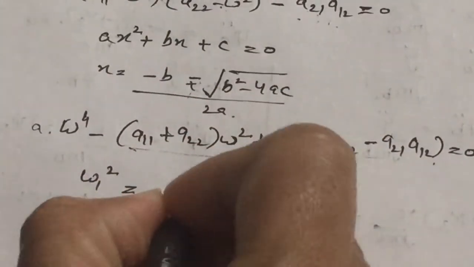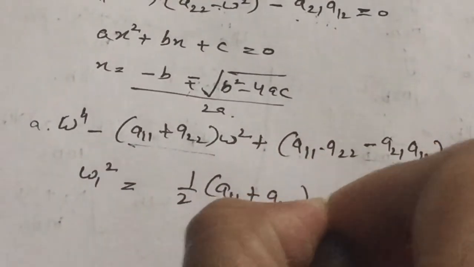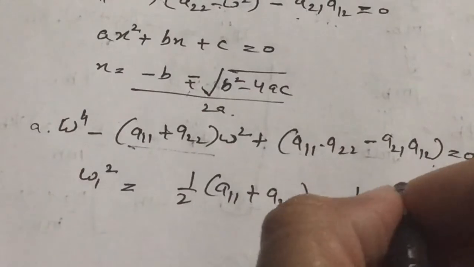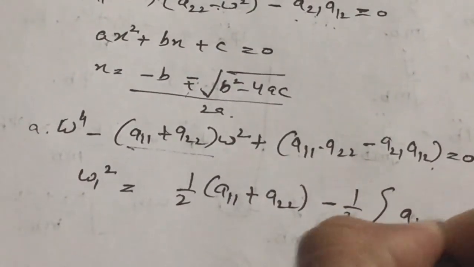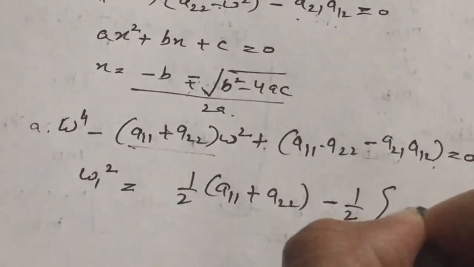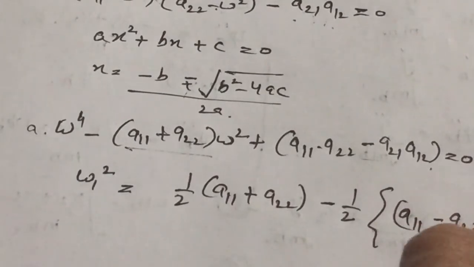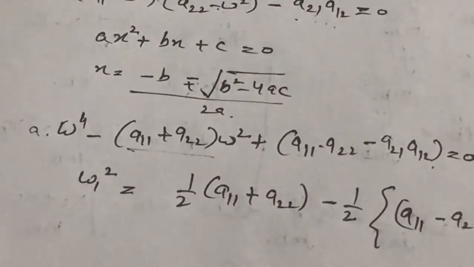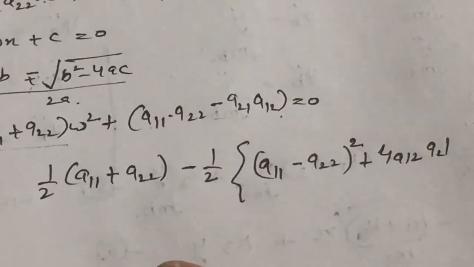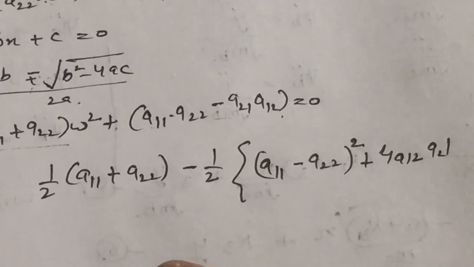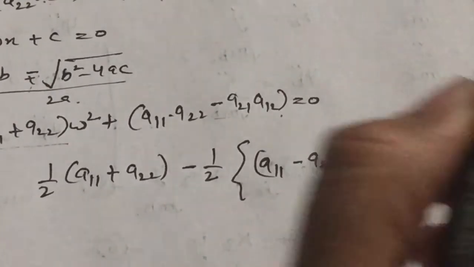It is equal to half of a11 plus a22 minus 1 by 2, a11 minus a22 whole square plus 4 times a12 a21. This is the whole solution for the first root of our omega square, and the bracket is closed and raised to power 1 by 2.